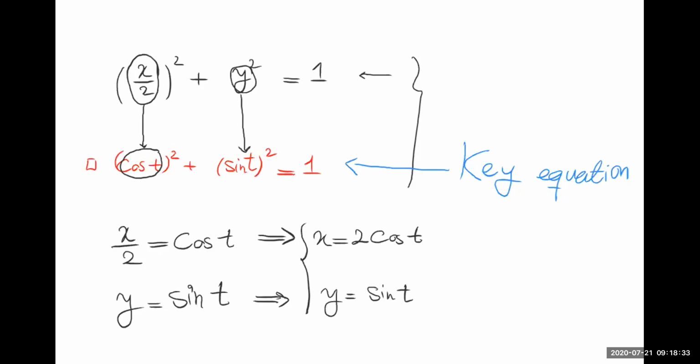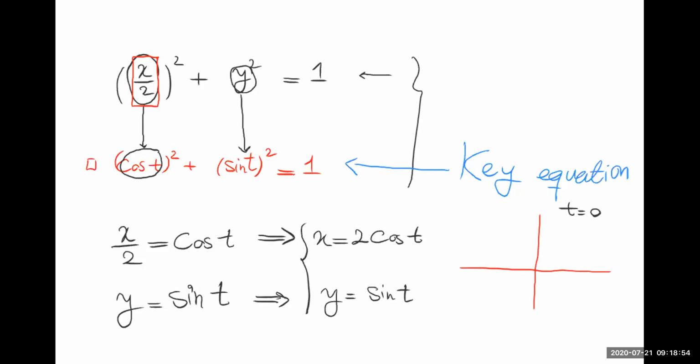So first note that here, (x over 2) squared plus y squared equals 1, so the whole x over 2 should be cosine of t. Let's see how it works. If t is equal to 0, for example, what would I get?